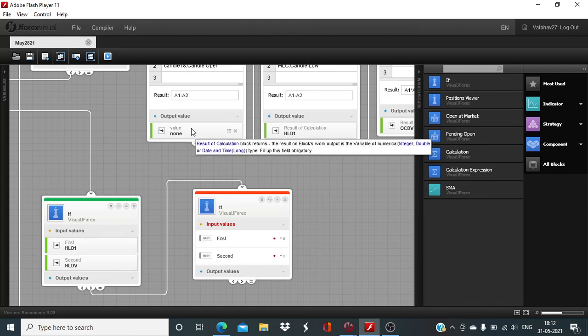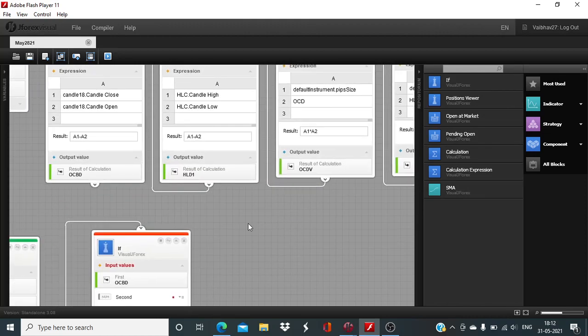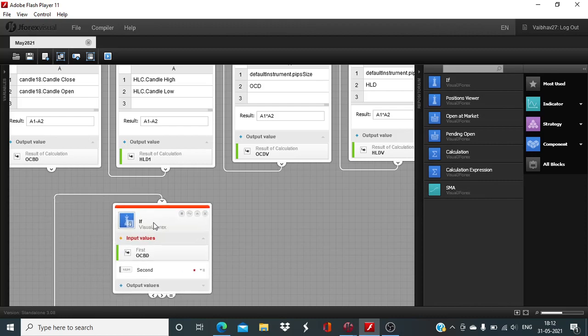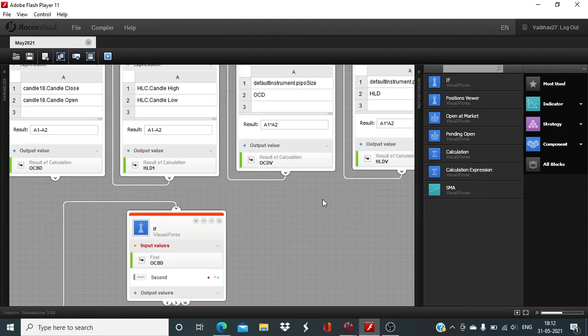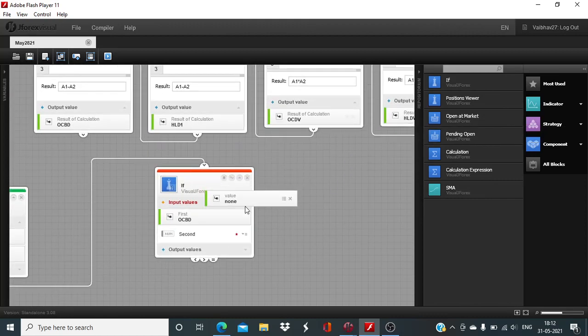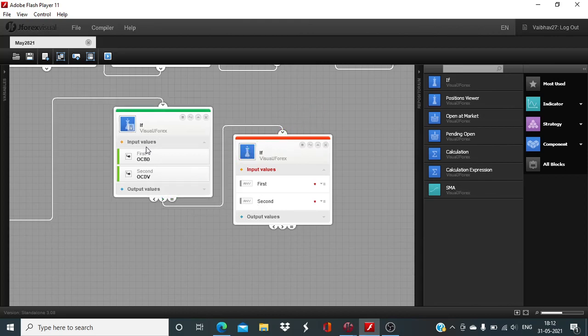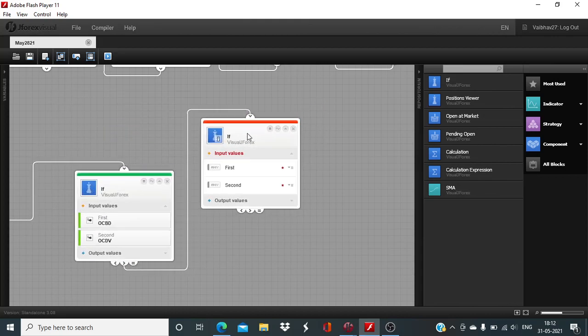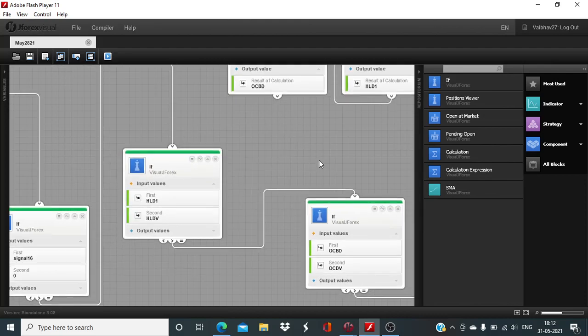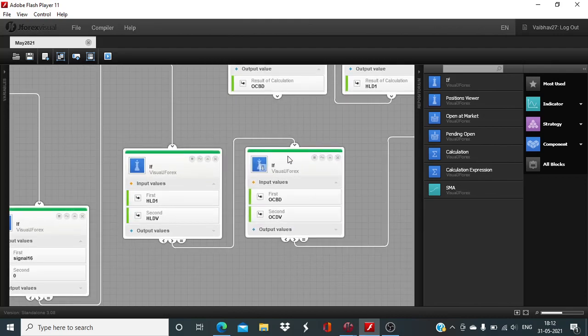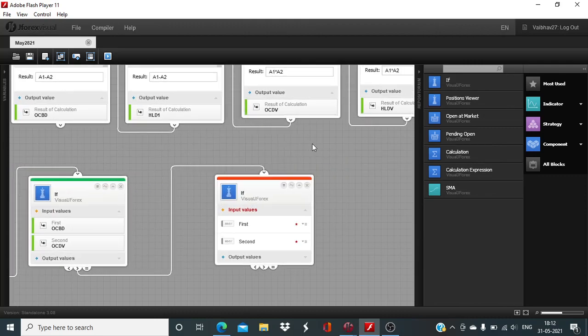And this output OCBD needs to be greater than OCDV. Okay.